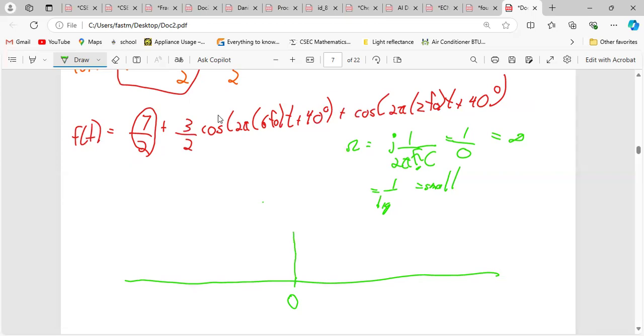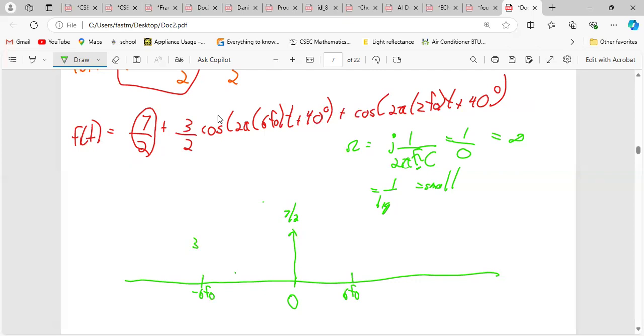So that will be at 0, 7 on 2. Nice. The next one is 6 f naught. I plot the double sided one, going up to 3 on 2. So you have to half that: 3 on 2 divided by 2, so you have 3/4.